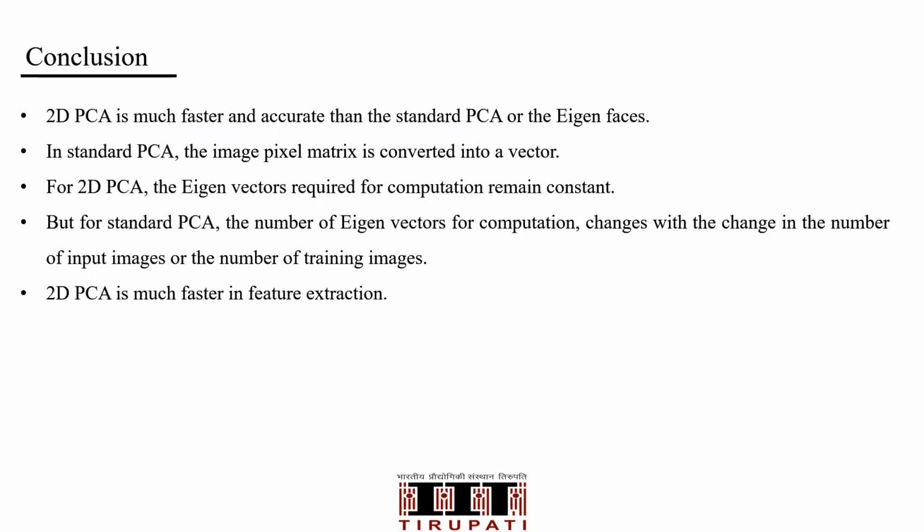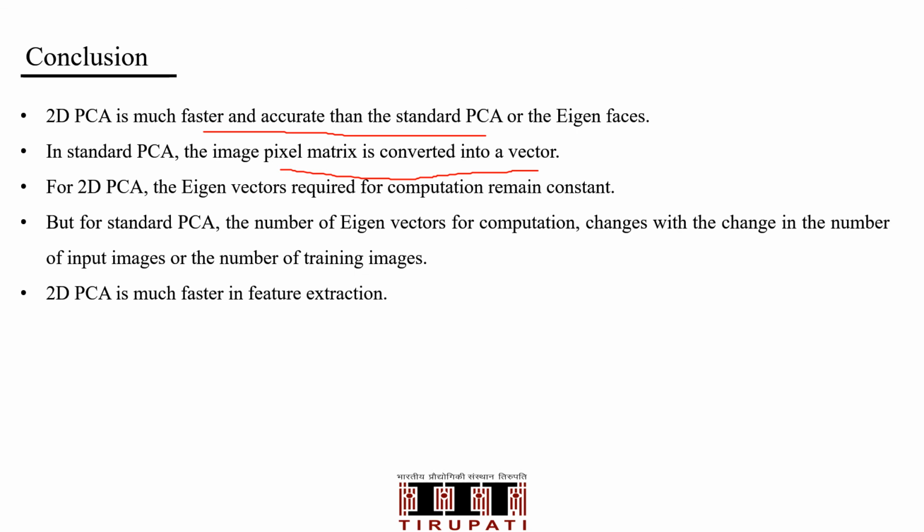And our final conclusion is 2D PCA is much faster and accurate than standard PCA. And we all know that standard PCA converts the image pixel matrix into a vector, or in other words, here our image pixel matrix is the feature matrix, or the features that are extracted from an image.